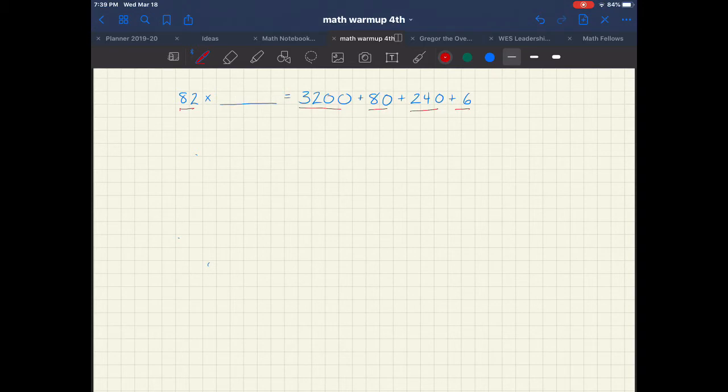So something jumped out at me when I looked at this, and it was the 3,200, because I know 32 is a multiple of the 8. So I started thinking about this as the area model, because we know that 82 times something, and these numbers made me think that they might already be broken up, right, for the area model.